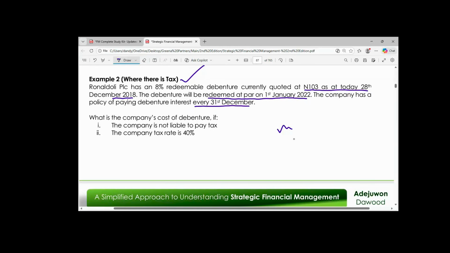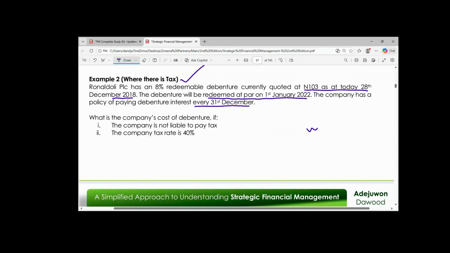As far as this question is concerned, the examiner told us that today is 28 December 2018, and the company has a policy of paying the debenture interest every 31st of December. You are also told that the debenture will be redeemed at par on 1st January 2022.